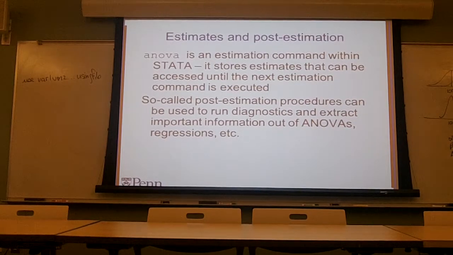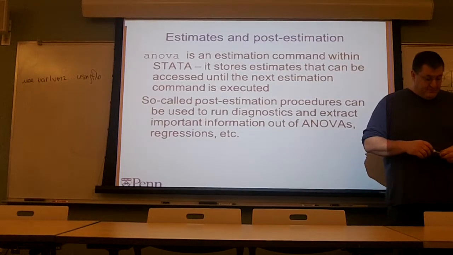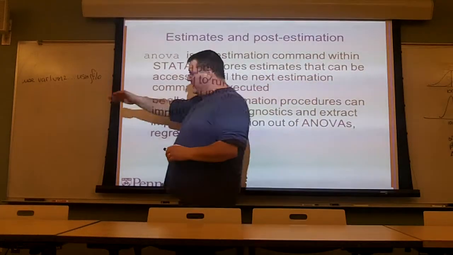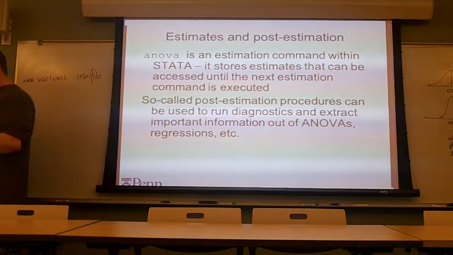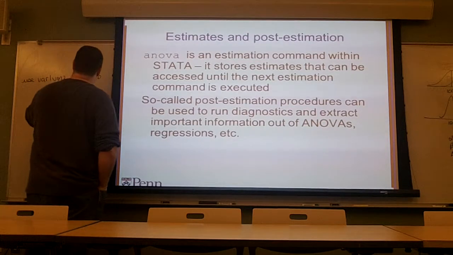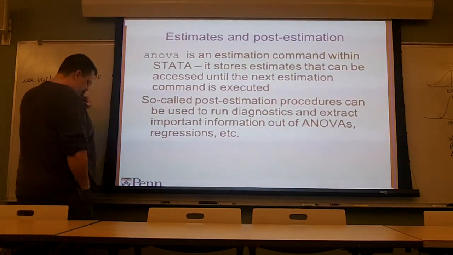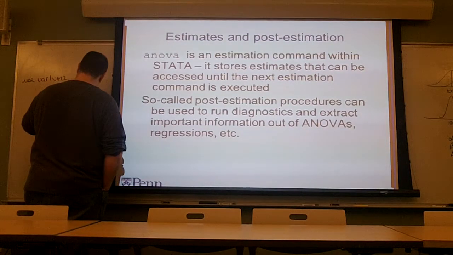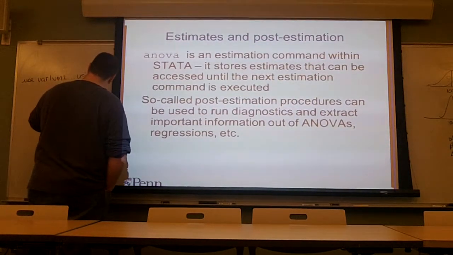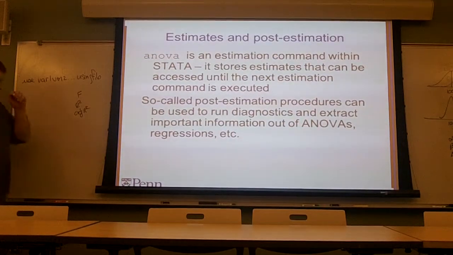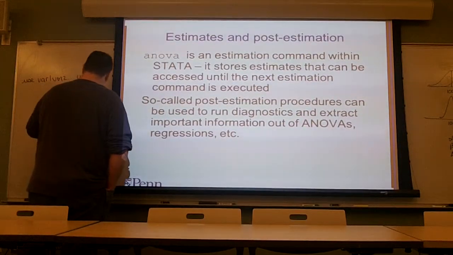So let's talk about these so-called post-estimation commands, right? If you recall from our regression tables, before we got down to the parameter estimates, we had an overall F statistic, an R squared, an adjusted R squared, and something called a mean square error.